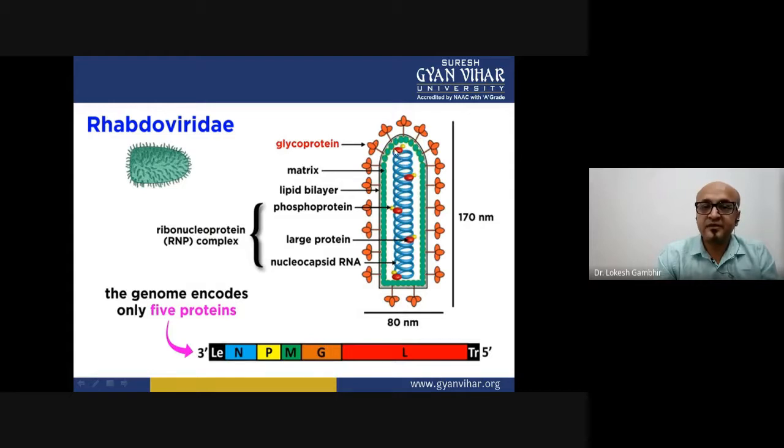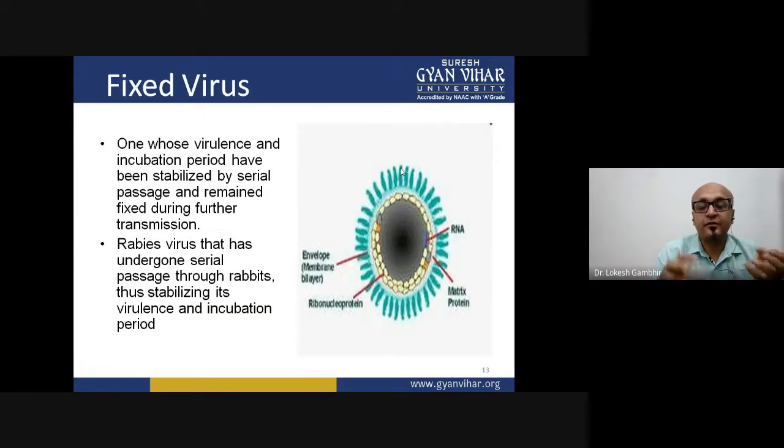The ones represented in red are called large proteins, whereas the small ones, the yellow ones, are phosphoproteins. So you see the number of proteins is also limited. The structure is very simple. The complete structure is represented in the form of a bullet.